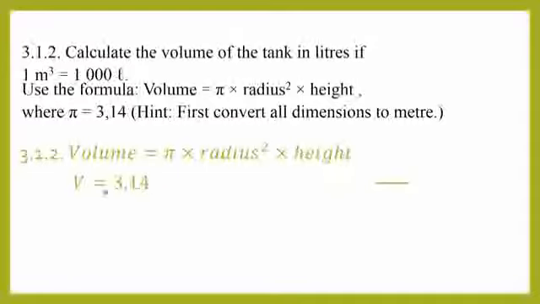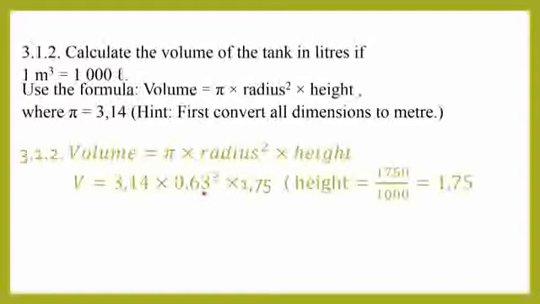So what are you going to have now? The volume is equal to 3.14 for the pi multiplied by 0.63 squared. That is the radius that we have calculated, multiplied by 1.75. That is the height. The height, as indicated, has been converted.